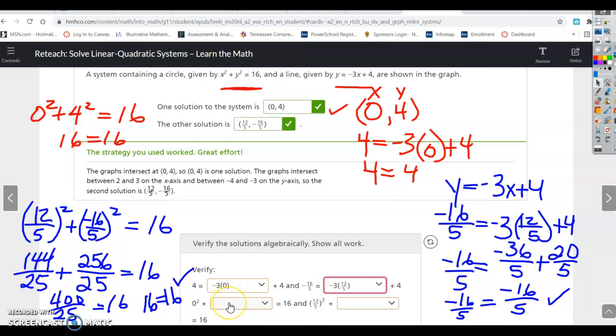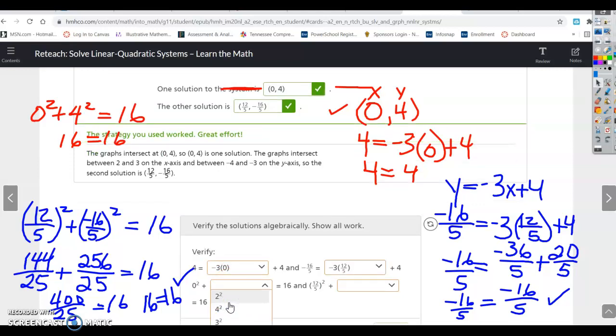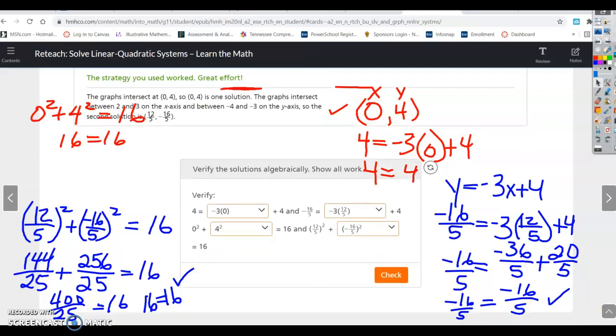And on the left side, for our linear equation, we did 4 squared. Right up here, oh, that's our circle equation. So we did 4 squared, and then we did negative 16/5 squared here. So that should be what they're looking for.